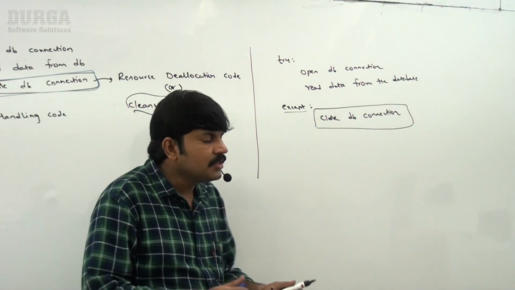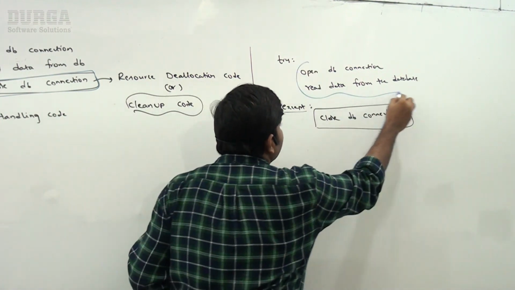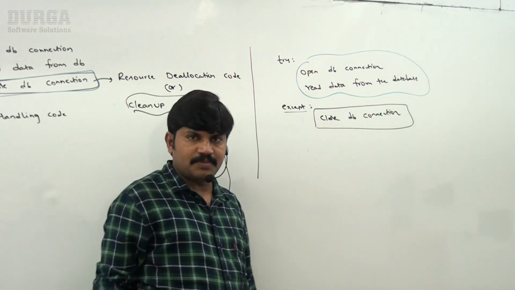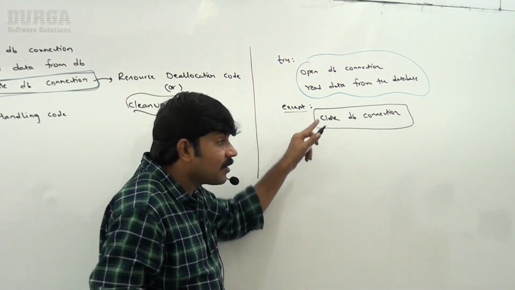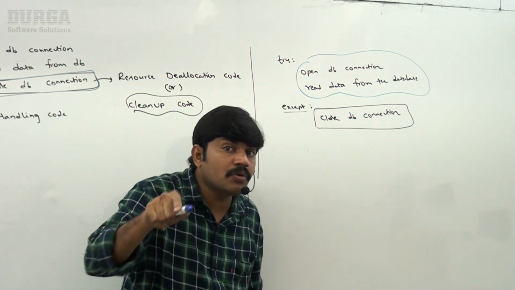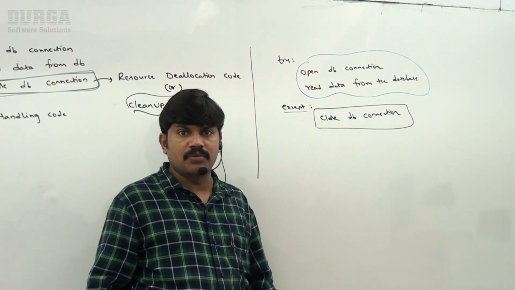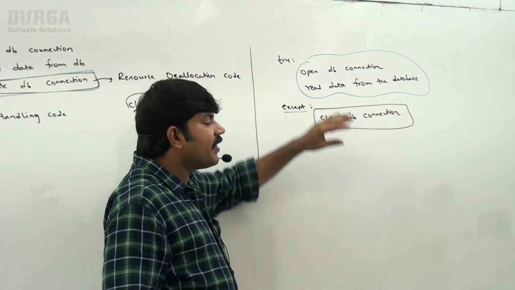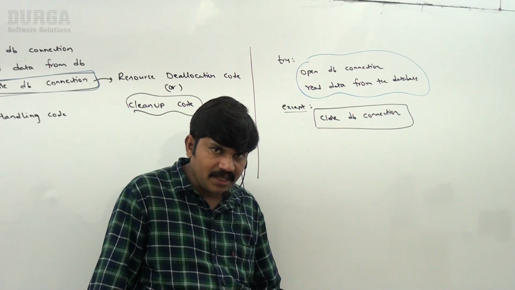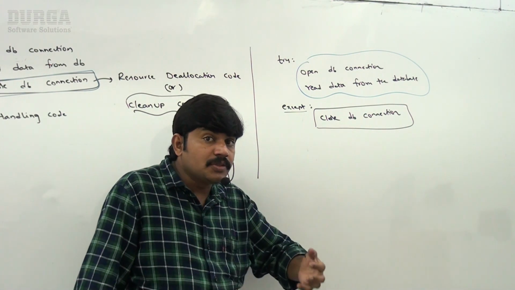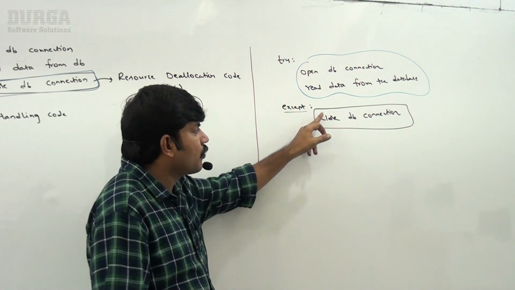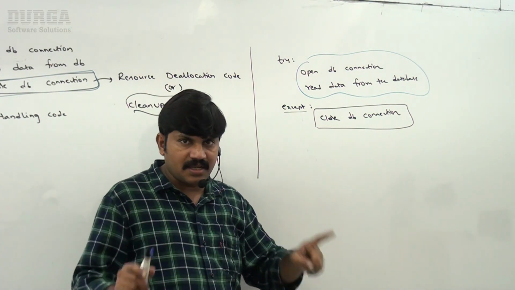Because if there is no exception in the try block, then the except block won't be executed. If the except block is not executed, who is going to close the DB connection? No one is going to close. So it is never recommended to maintain cleanup code inside an except block, because if there is no exception, the except block won't be executed. Is it clear for all of you, right?